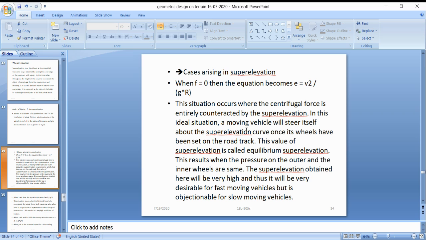So in this ideal situation, a moving vehicle will steer itself about the super elevated curve once its wheels have been set on the road track.